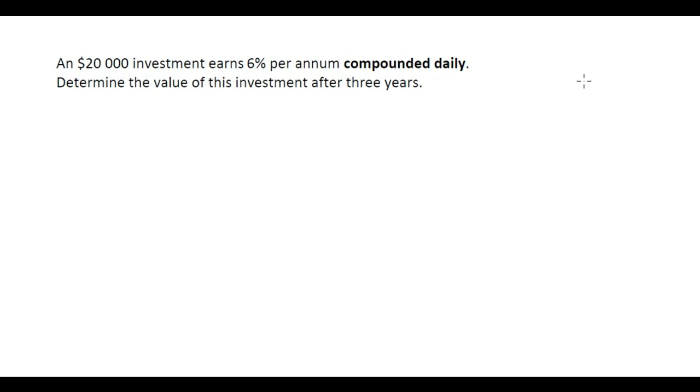And of course, the growth is slowing down a little bit, and we'll see in a future video that you can increase compounding to like thousands of times a year, but you're not going to see much different in your investment. But a very naive way of looking at compound interest, which is a good place to start.